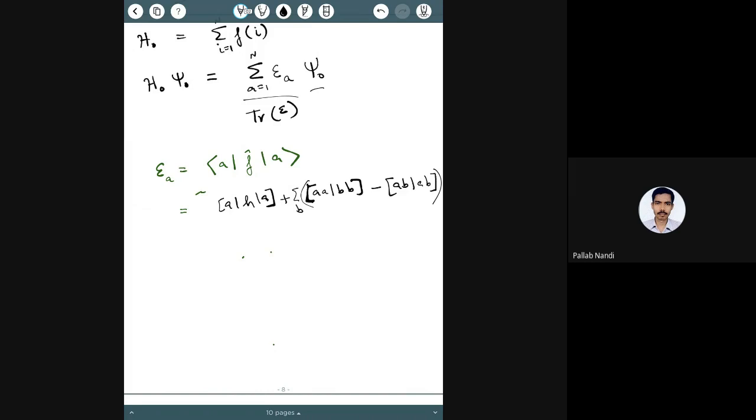But the total energy has a different factor.